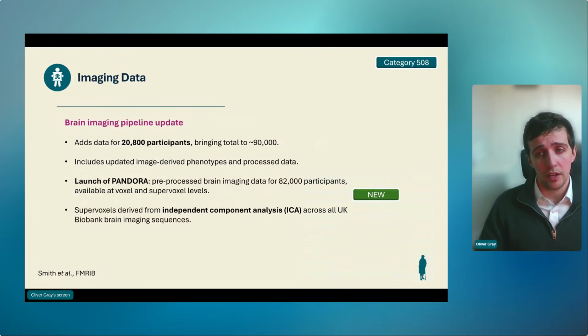We also have a plethora of brain imaging data available in the UK Biobank imaging resource. Steve Smith, who's talking shortly, has supported throughout the UK Biobank imaging study in providing these data. And with this release, data is available for over 90,000 participants across brain imaging modalities that we acquire at the clinics.